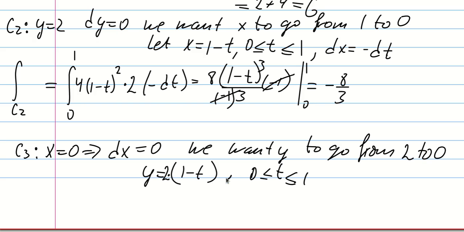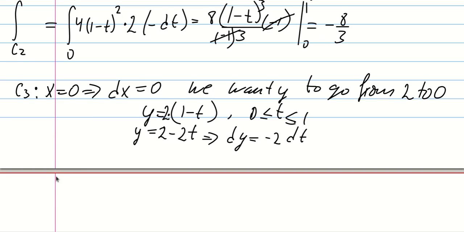And so if we simplify it, we're going to get 2 minus 2t. So basically if we plug in 0, it's going to be 2. But if we plug in 1, it's going to be 0, because 2 minus 2. But this implies that the differential of y will be negative 2 dt. All right, so we're done with the setup.